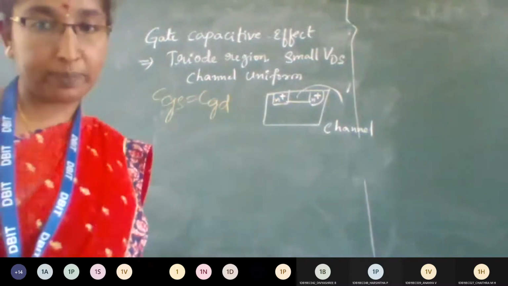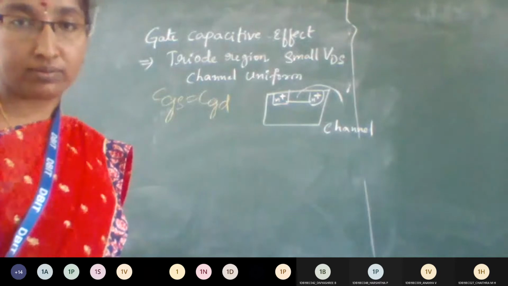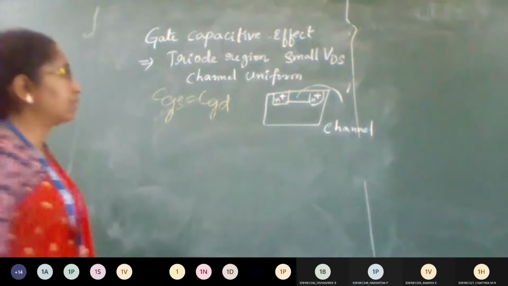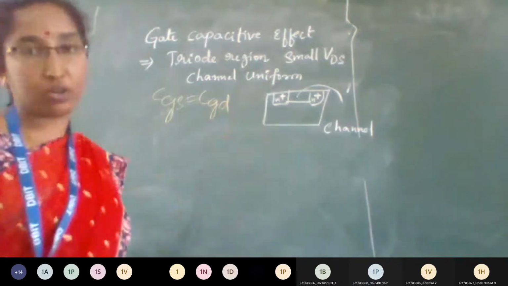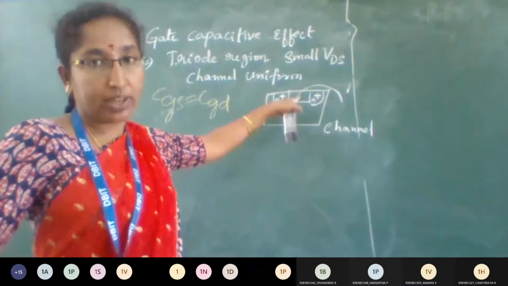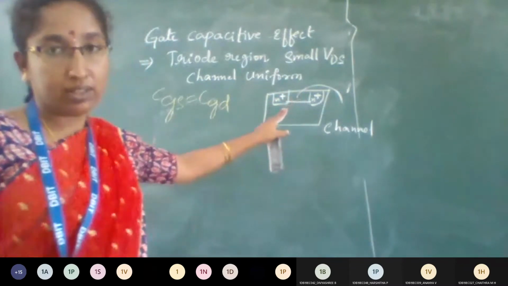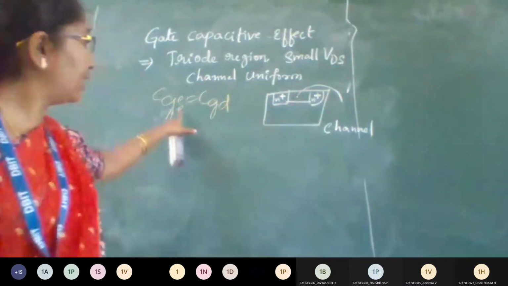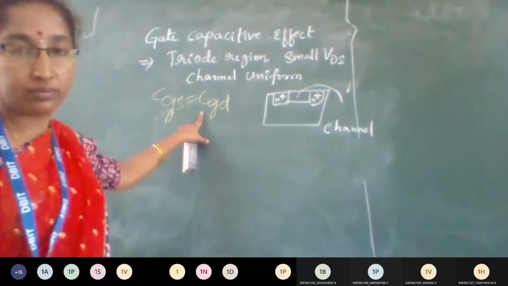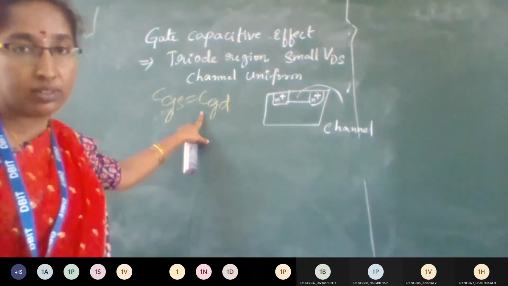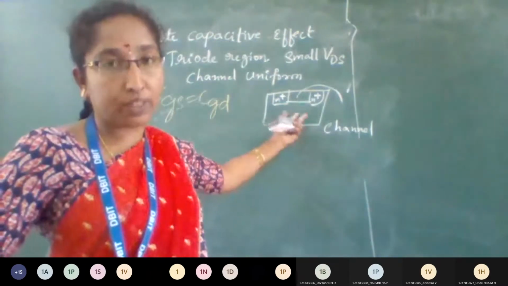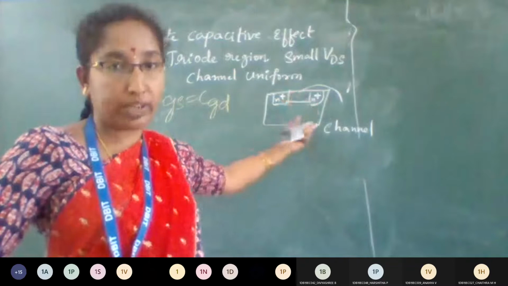Is the yellow color visible? Yes, ma'am. Okay, so we will find out the gate channel capacitance. With respect to the gate, we are measuring the capacitance. Since it is uniform, can I equate CGS and CGD? Yes, ma'am. It has not occupied more space anywhere. The channel is uniform between the source and the drain below the gate.